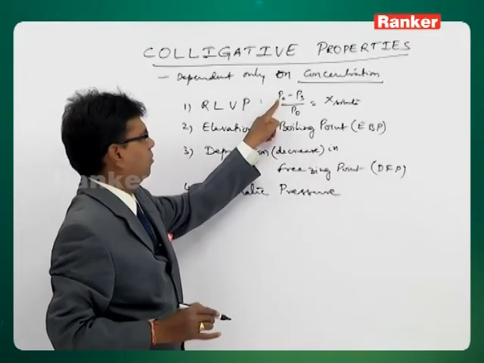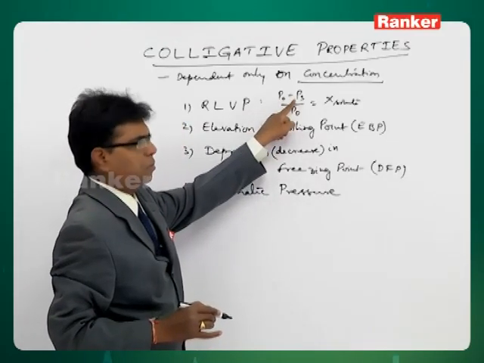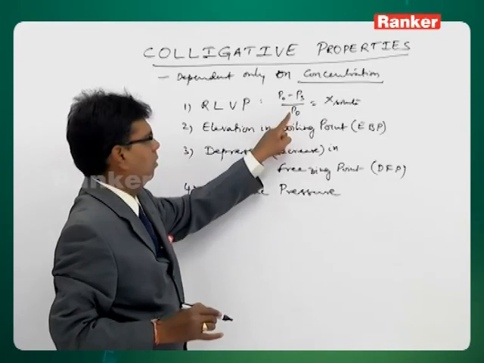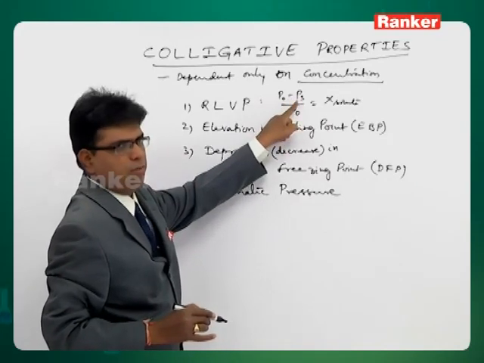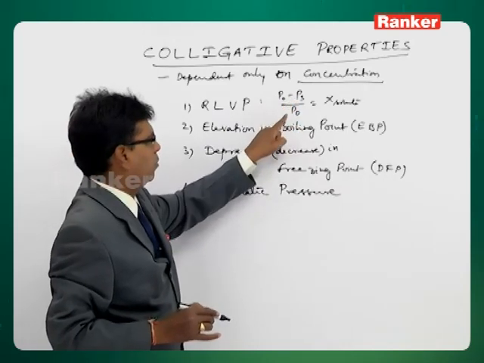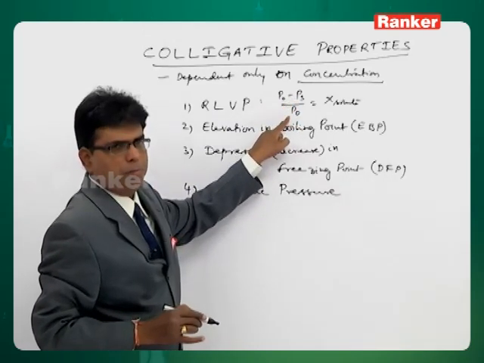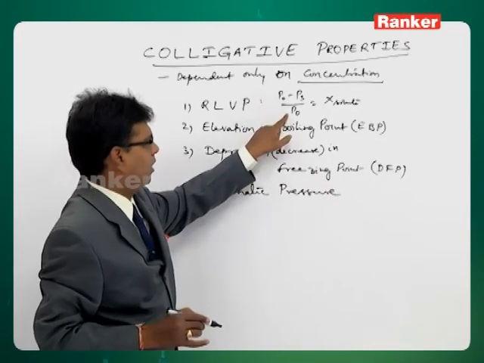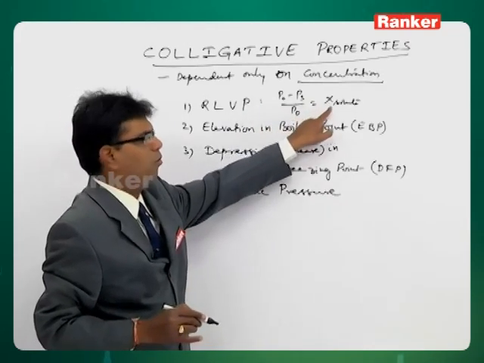P naught is the vapor pressure of the pure solvent, Ps is the vapor pressure of the solution. P naught minus Ps is the decrease in vapor pressure, that is what we call lowering in vapor pressure. Lowering in vapor pressure divided by the vapor pressure of the pure solvent, that is the relative lowering of vapor pressure, is equal to the mole fraction of solute.